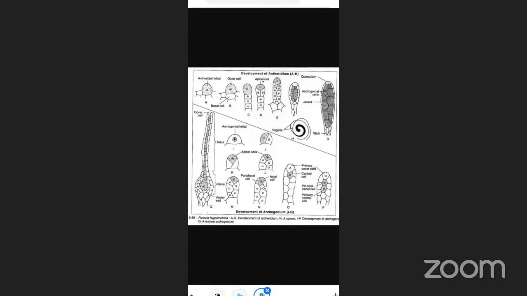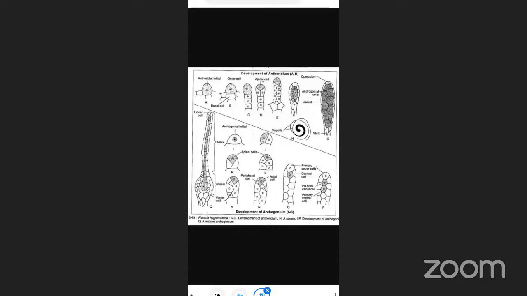A spore on germination produces the primary protonema, which possesses several buds, and each bud develops into an adult gametophyte. The protonema developed from a part of the gametophyte plant is called the secondary protonema, which develops into a new gametophytic plant body.